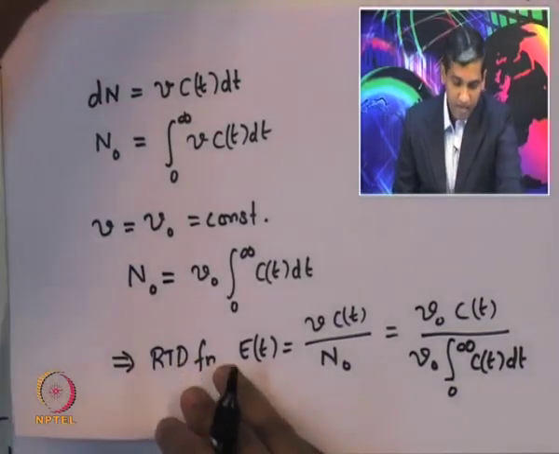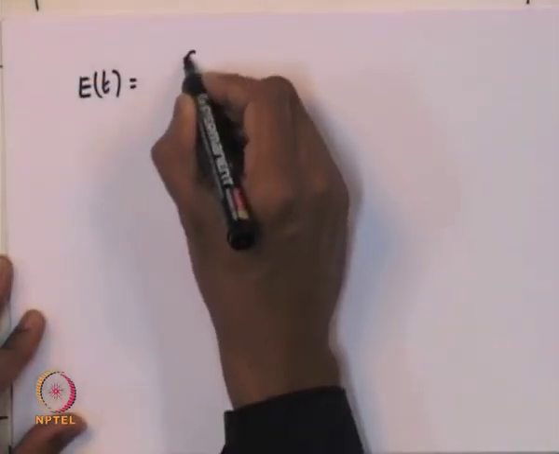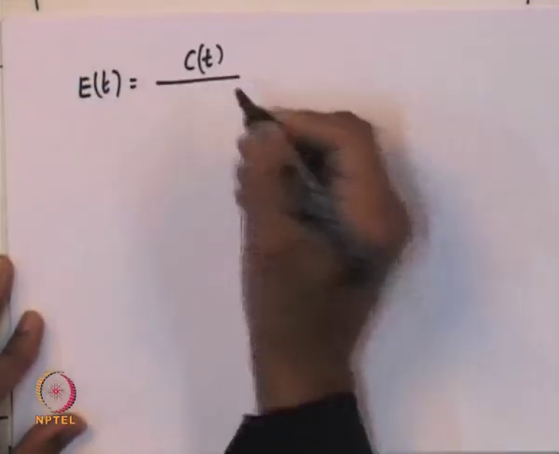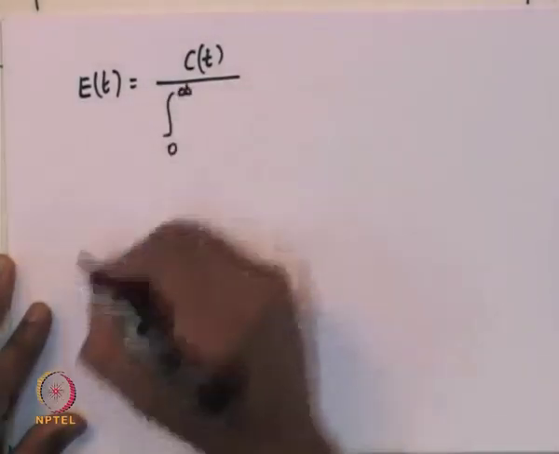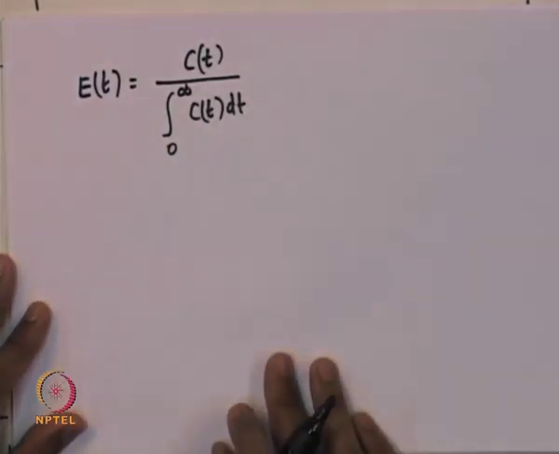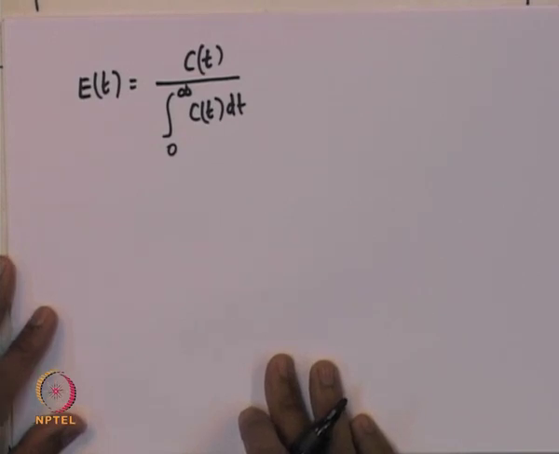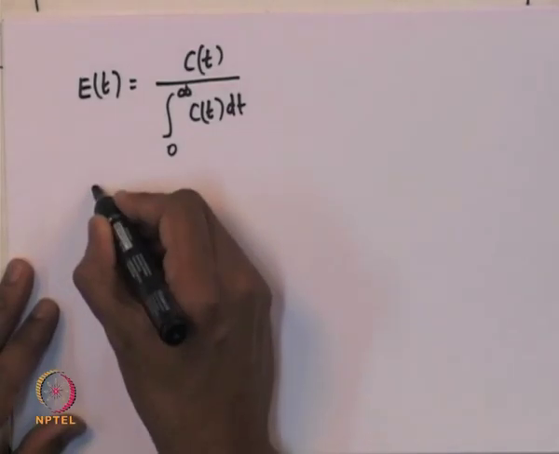From here we can easily see that E of t is given by the concentration of the tracer at any time divided by the total amount of tracer that is leaving, or entering, the reactor.